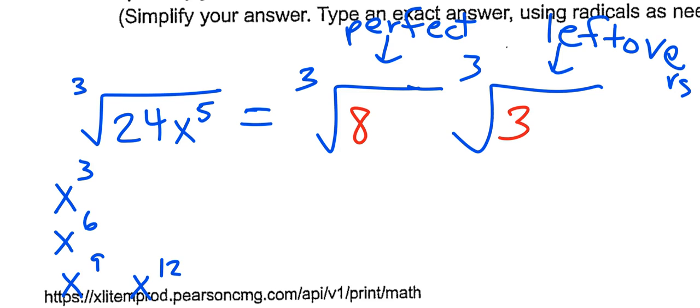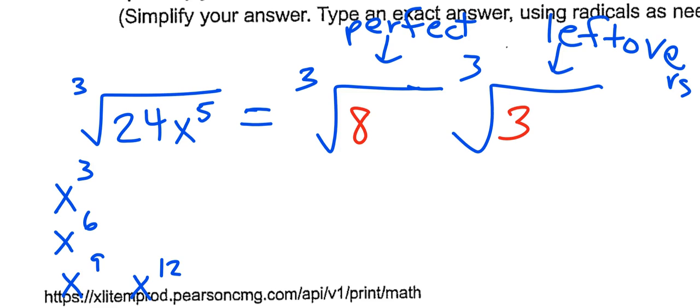Goes in 3 times. Okay, now you need to look at your x's. You need to find the largest power of x that goes into x to the 5th. I wrote the powers, the perfect cubes of x down at the bottom. That's correct so far. Now I focus my attention on this part. Okay, this is good.